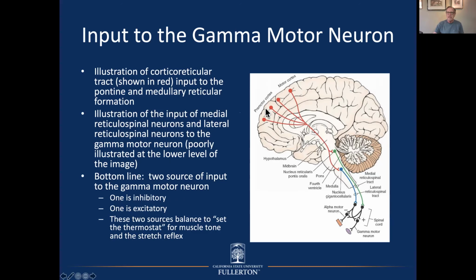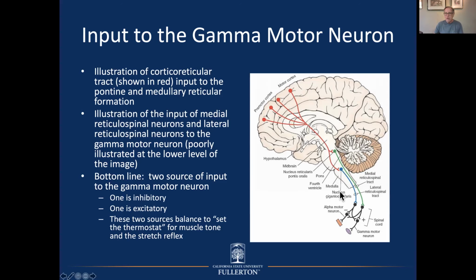Hopefully this is making some sense, that you've got this system of cortical reticular neurons from the cortex to the reticular formation that are all going to generate EPSPs down here. And you've got a system of neurons that are going to be found in the medial reticulospinal tract and the lateral reticulospinal tract. One is excitatory, one is ultimately inhibitory.